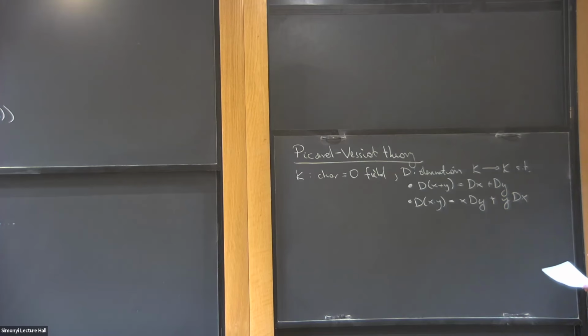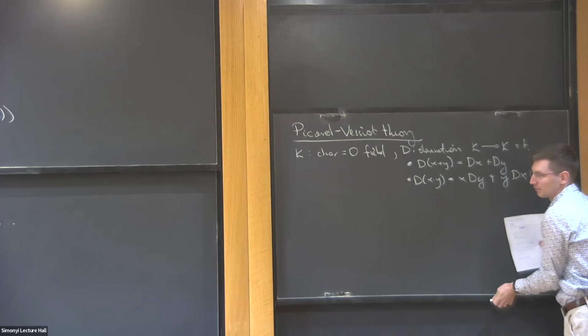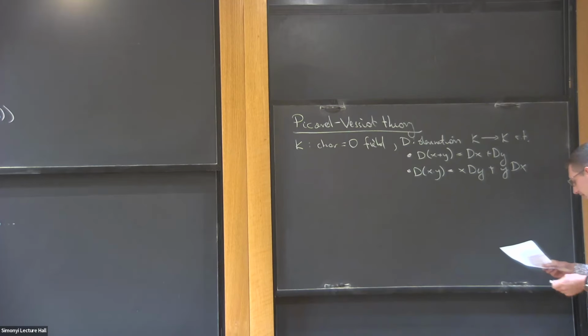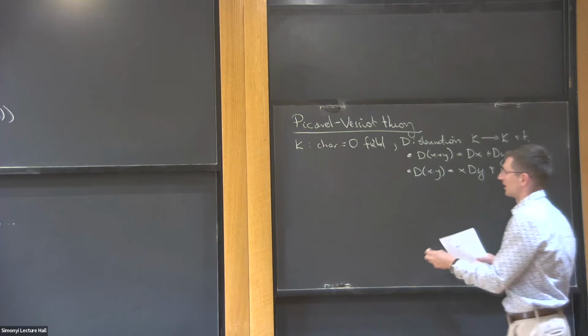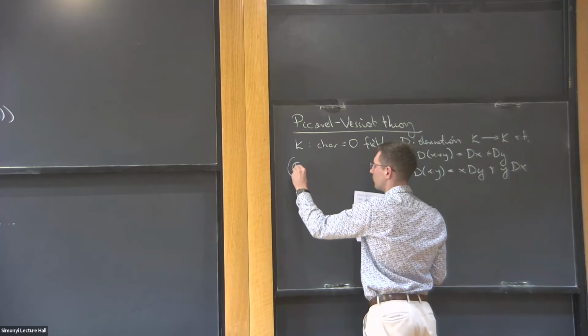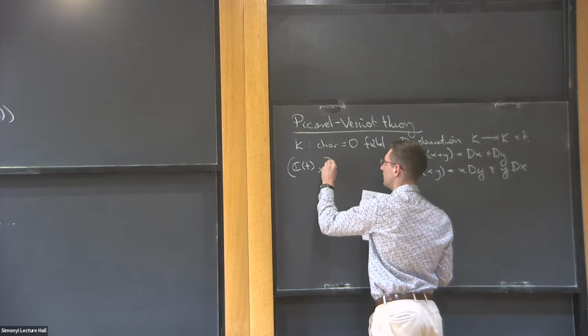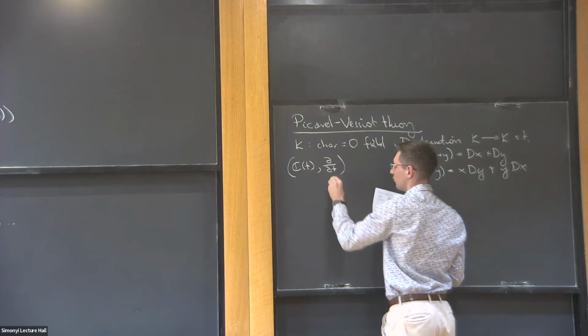It satisfies the Leibniz rule, and these are algebraic structures that one can study. Of course, the prototypical example will be C(t) and the derivative with respect to t.